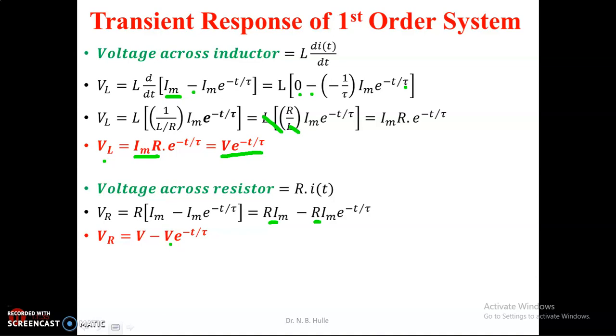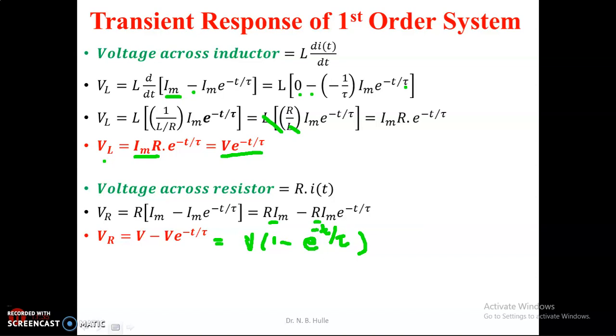Otherwise it can be expressed as V in brackets 1 minus e raised to the power of minus t by tau. This will be the expression for the voltage developed across the resistance for this particular case.